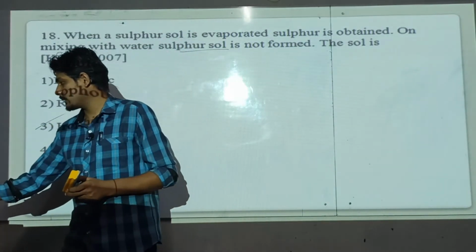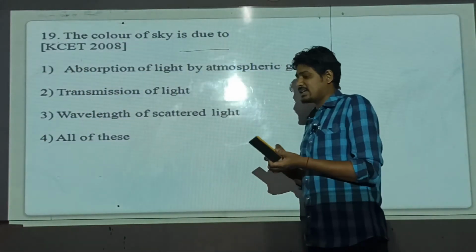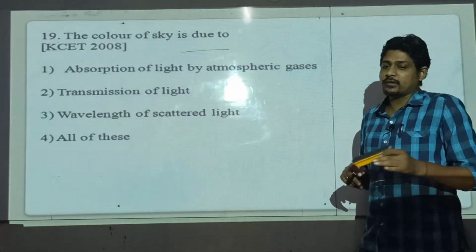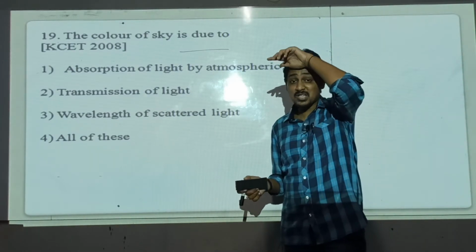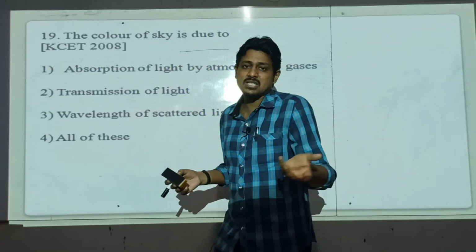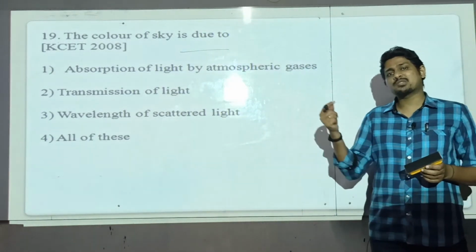Remember. The next one is: the color of the sky is due to... See, the color of the sky or the color of the sea or even the rivers is because of what? Even in the sky we will observe small dust particles.